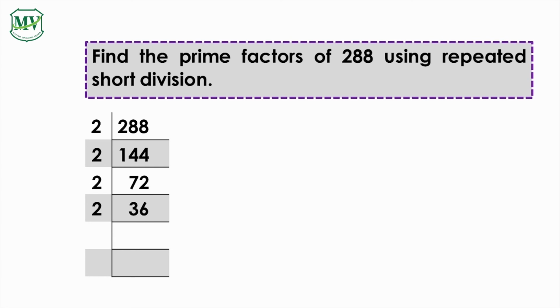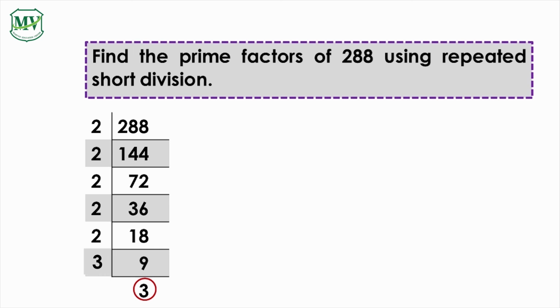36 divided by 2 is 18. 18 divided by 2 is 9. 9 divided by 3 is 3. 3 is a prime number.